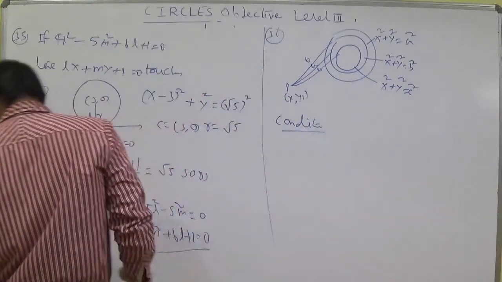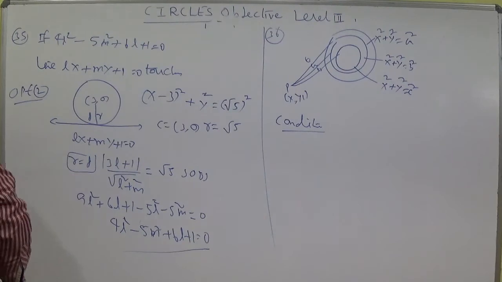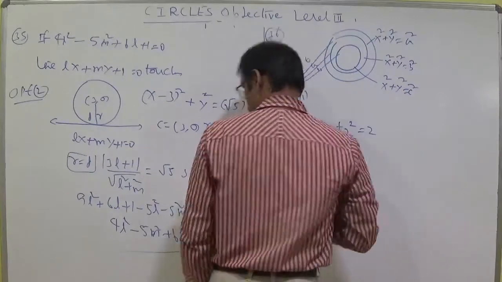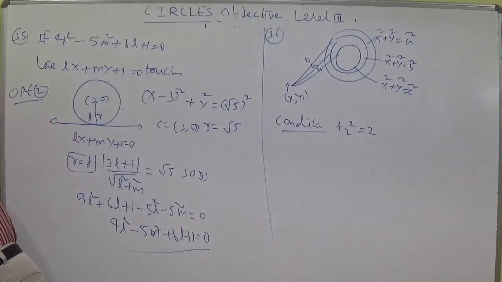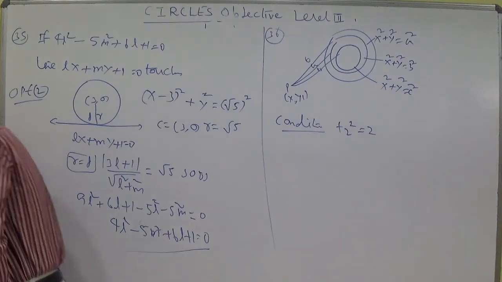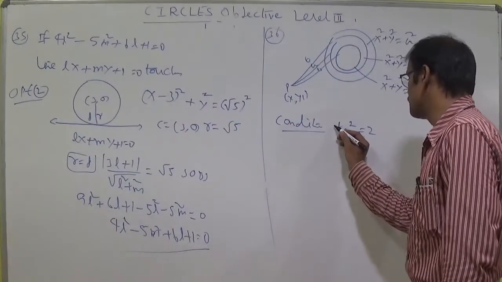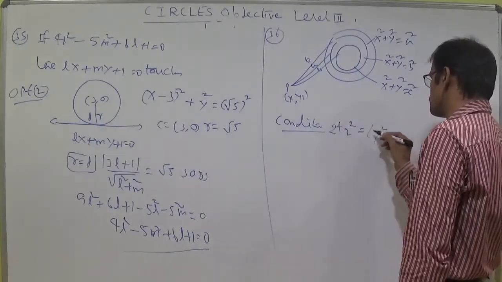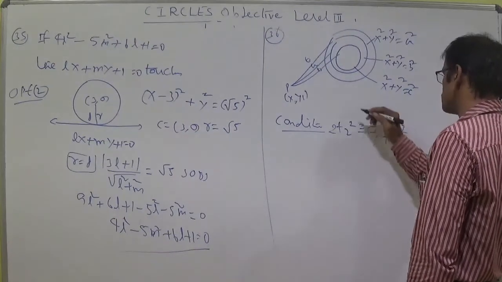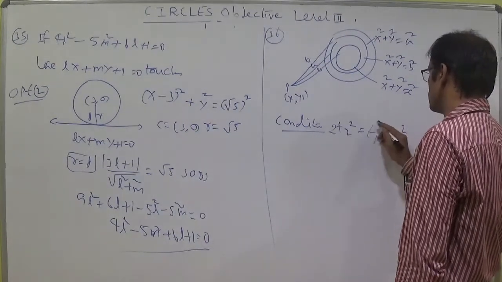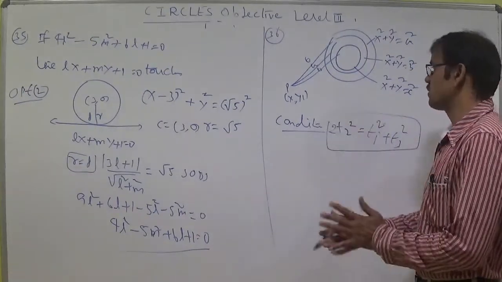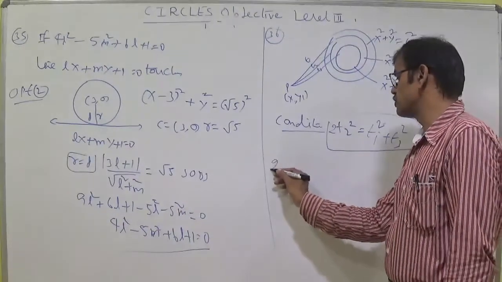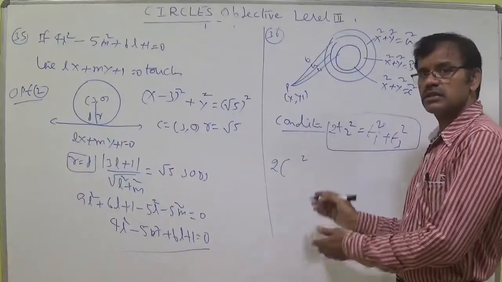I think he is asking about the squares of lengths of tangents. The squares of lengths of tangent from a point P to the circles are in AP. The condition I am writing is 2t2 square is equal to t1 square plus t3 square. T1 means length of tangent to the first circle, t2 means length of tangent to the second circle, and t3 means length of tangent to the third circle. So 2 into, now what is the length of tangent formula?